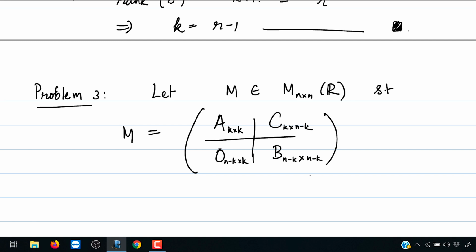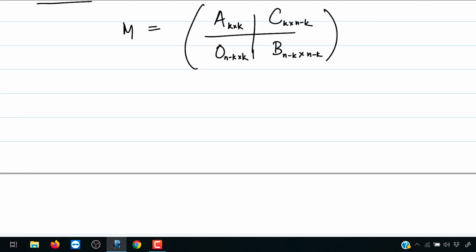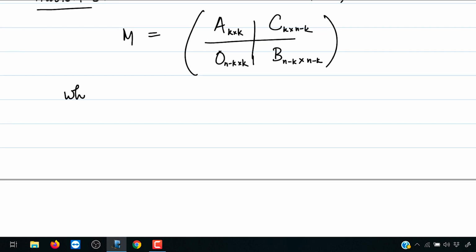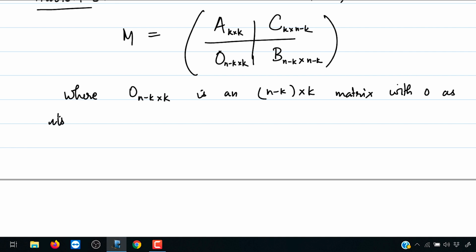So M be in Mn of R such that M is in this form. So notice that 0 n minus k cross k is an n minus k cross k matrix with 0 as its entries.